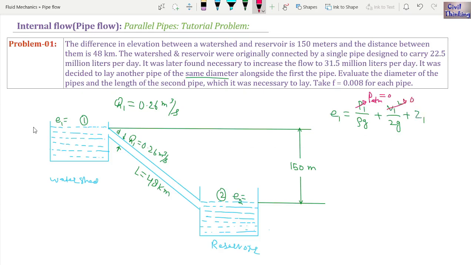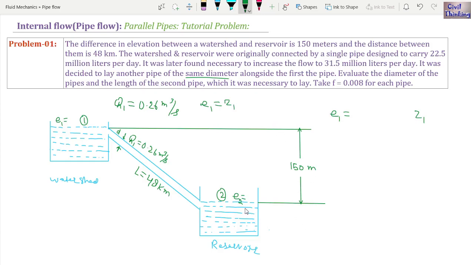Z1 is the elevation of this surface from some reference. So in short, E1 is equal to Z1, because all the other terms are 0. So we are left with E1 is equal to Z1.